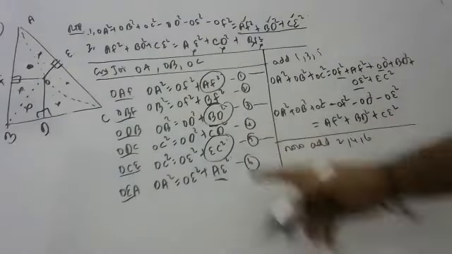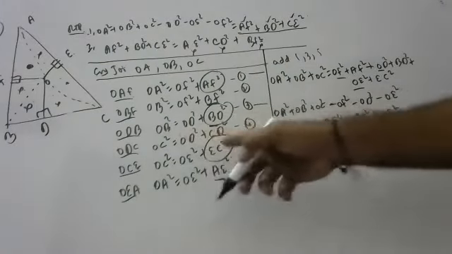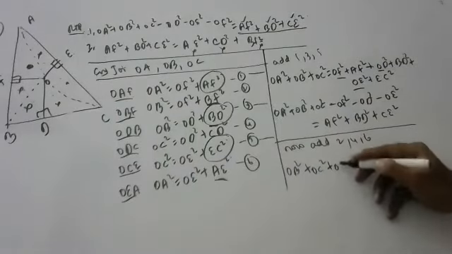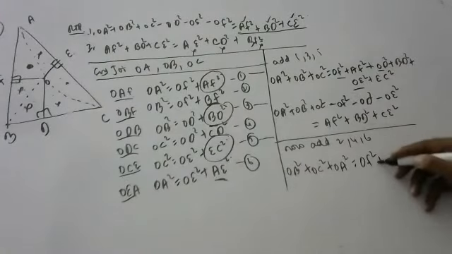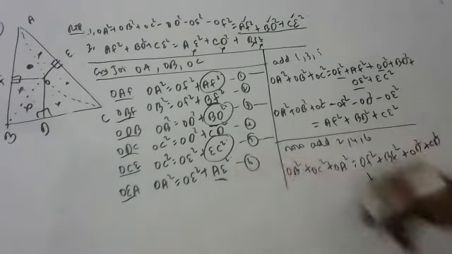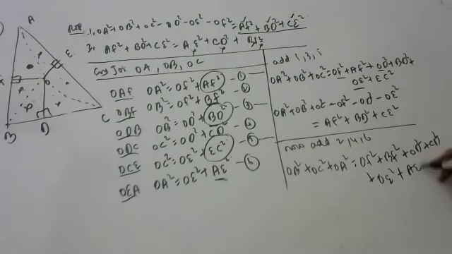Chalo children, when you do this, OB square plus OC square plus OA square is equal to OF square plus BF square plus OD square plus CD square plus OE square plus AE square. Again, take all O's onto the left side.